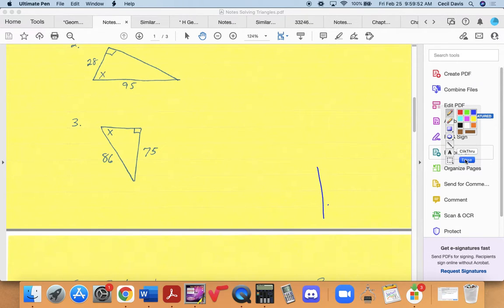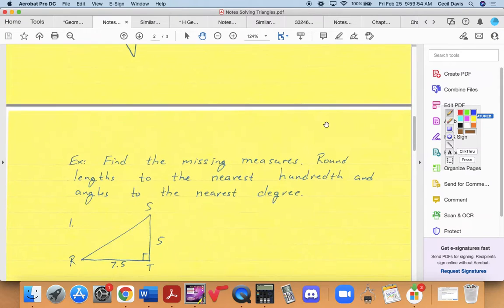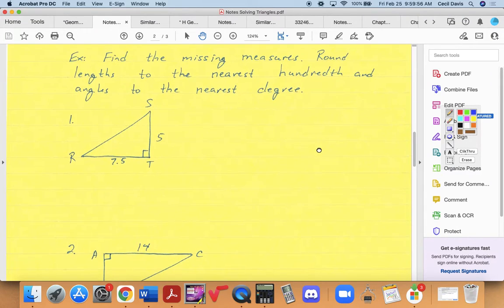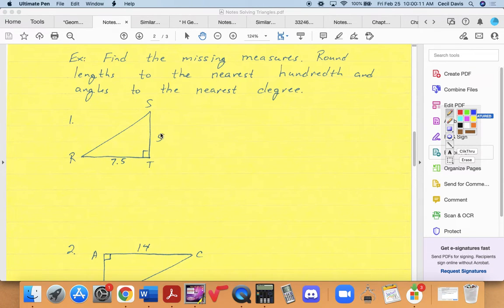All right. Let's go on to page 2 then. And I'm going to change this one.